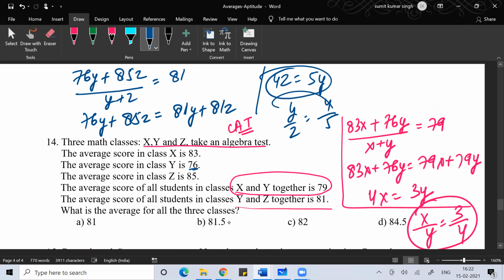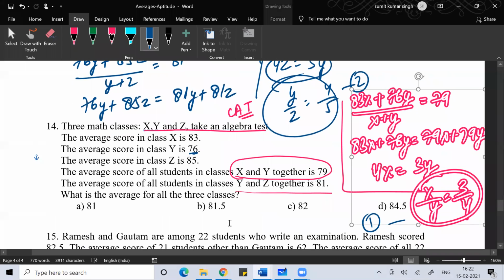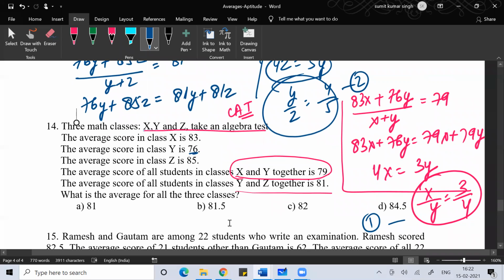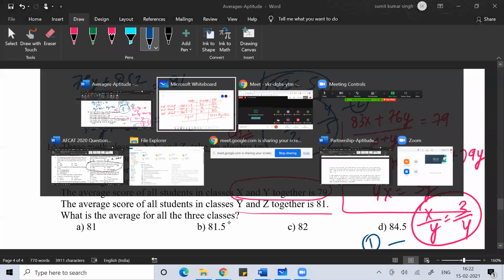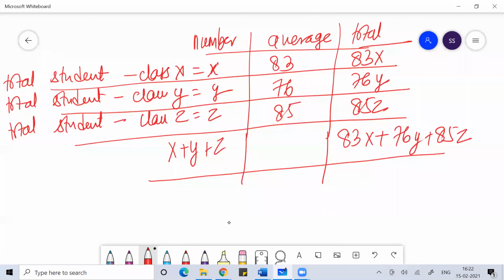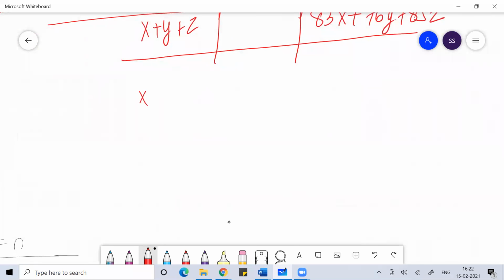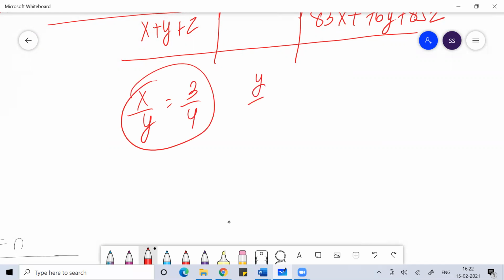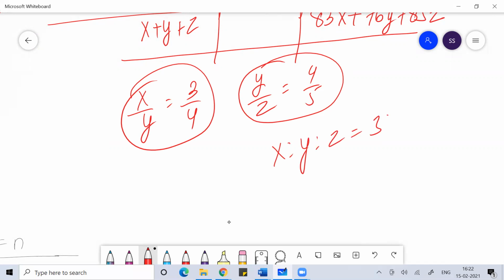If you compare equation 1 and equation 2, x by y is 3 by 4 and y by z is 4 by 5. So you can say x is to y is to z is equal to 3 is to 4 is to 5.